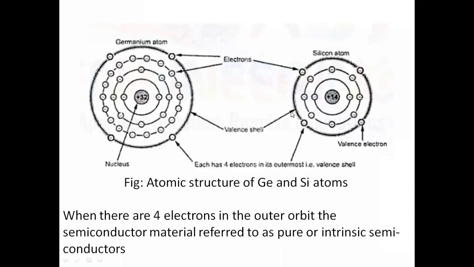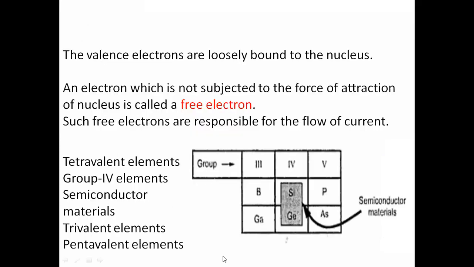Using a certain chemical and thermal process, if you add group 3 elements, that is trivalent elements, to the pure semiconductors, then there is a formation of the P-type semiconductor.